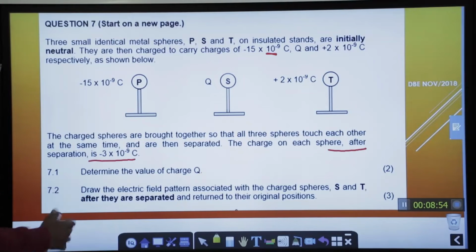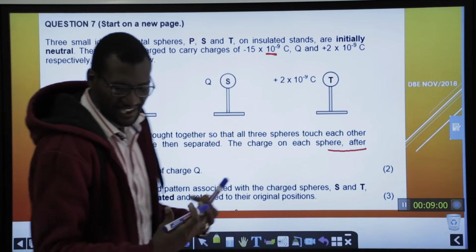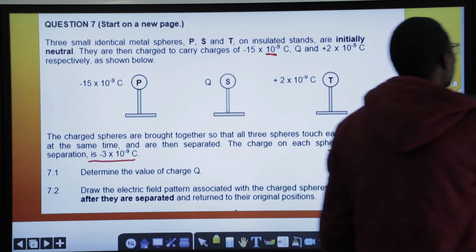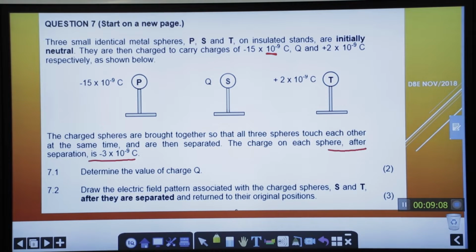So question 7.1 is saying determine the value of Q. We know that once they are separated, the Q net is equivalent to the charge of Q1 plus the charge of Q2 plus the charge of Q3, divided by 3.